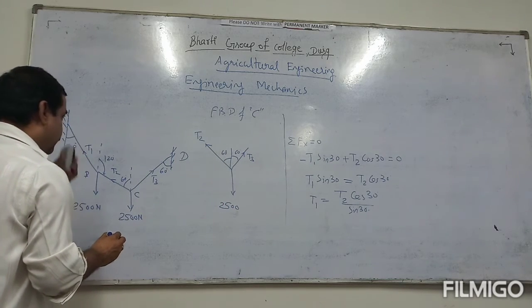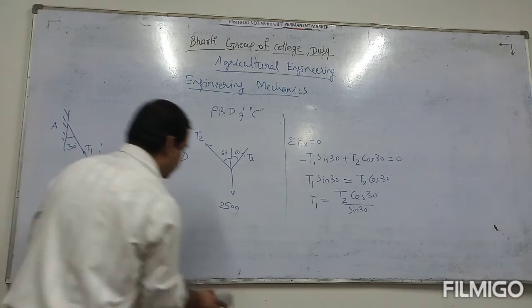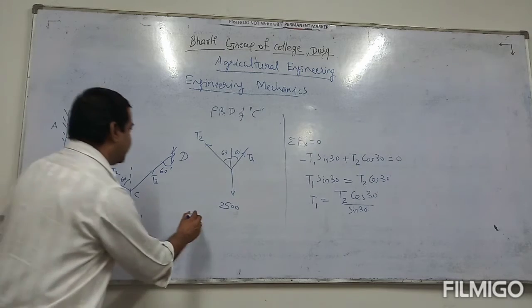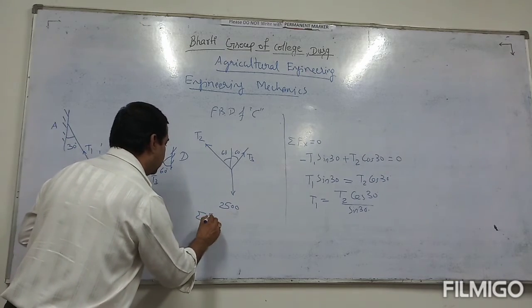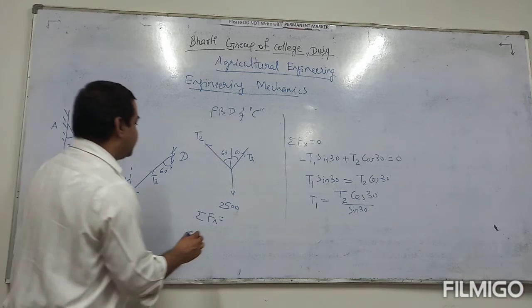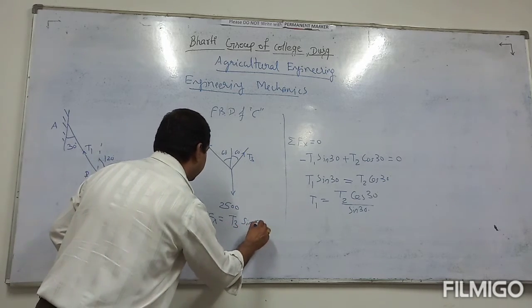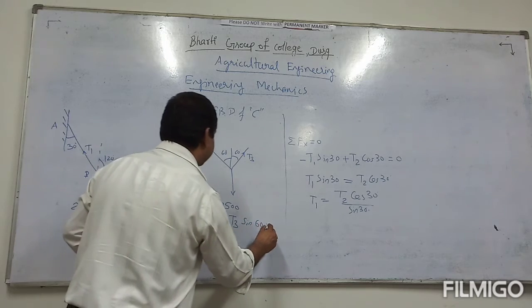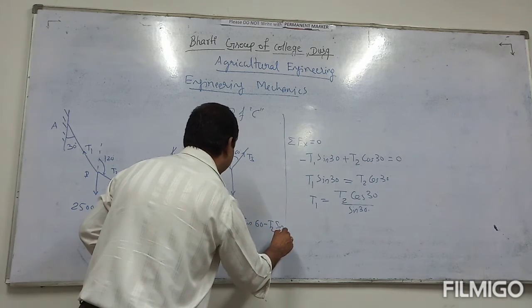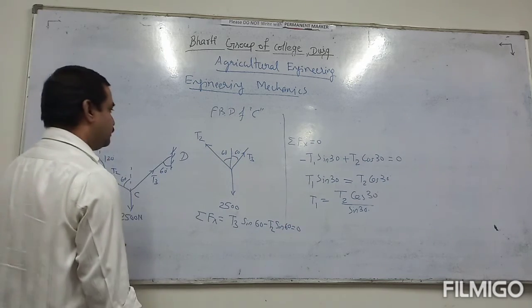So here making the equation for the horizontal forces, Fx equal to T3 sin 60 minus T2 sin 60 equal to 0.